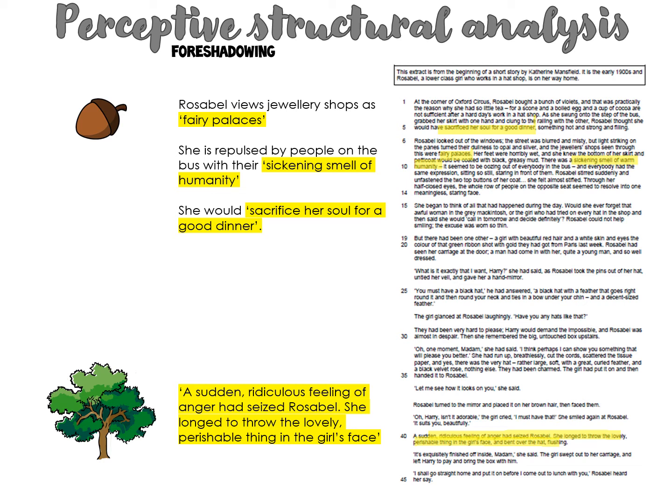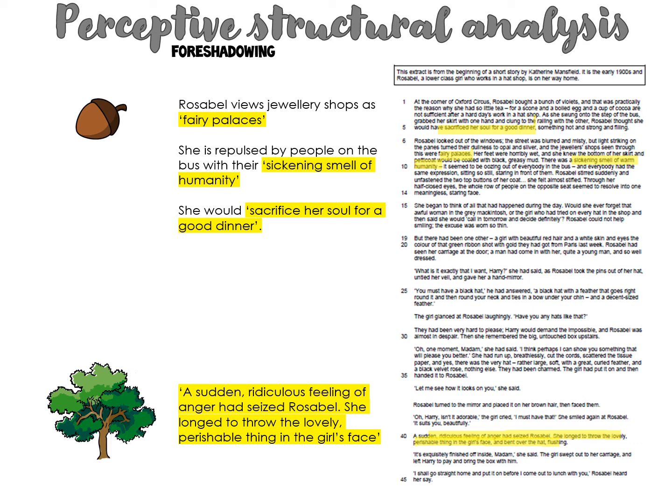She describes a sickening smell of humanity. And then towards the end of the text, in the very last few lines, Rosabelle reacts to a very privileged woman in her hat shop, feeling this sudden ridiculous feeling of anger where she wants to throw the lovely hat into the girl's face.